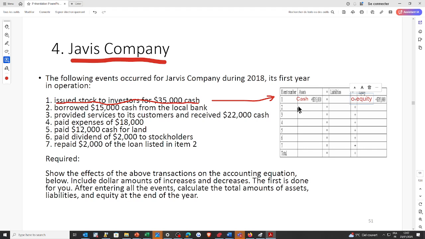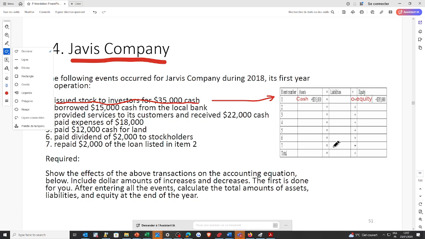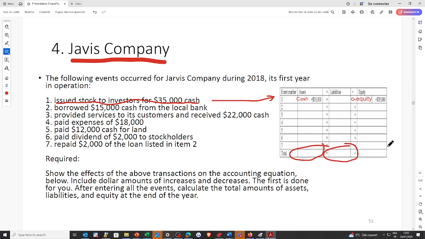The first one is already done for you, and after you enter all of the events, you have to calculate the total amount of asset here, the total amount of the liability here and the total amount of the owner equity. So that's your job now.